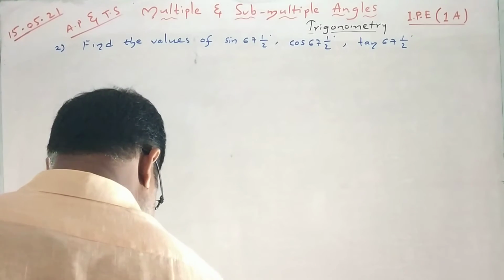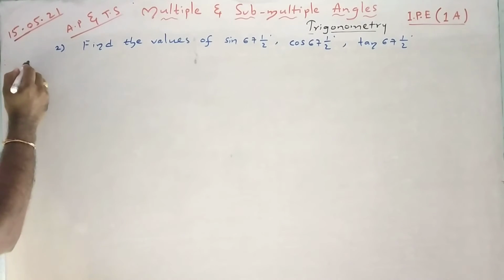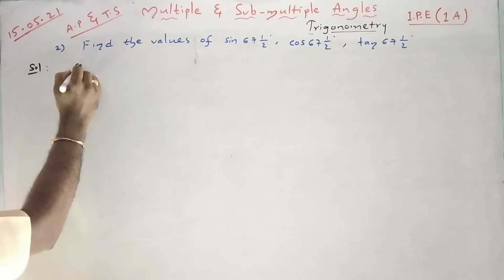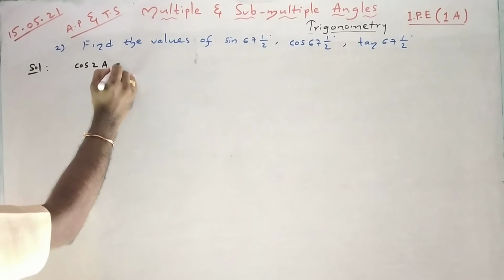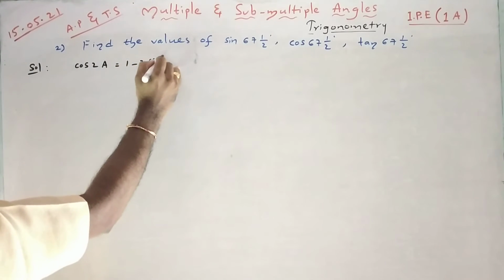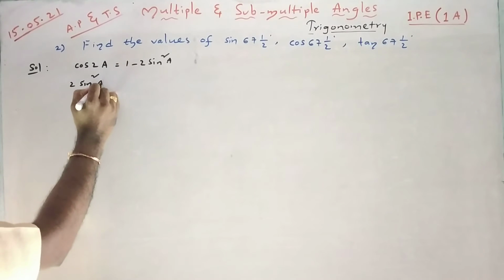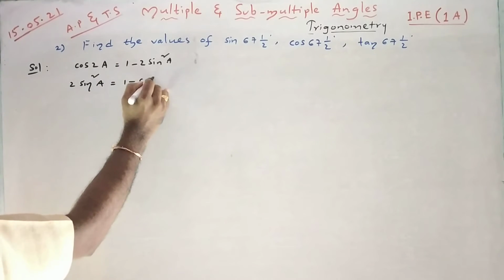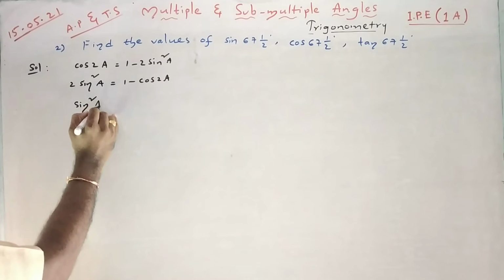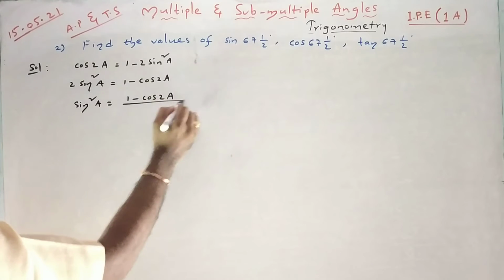So here we will use one formula. Cos 2a formula in terms of sin: 1 minus 2 sin square a. 2 sin square a equal to 1 minus cos 2a. Sin square a equal to 1 minus cos 2a by 2.